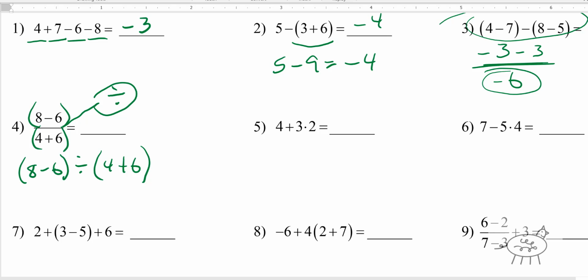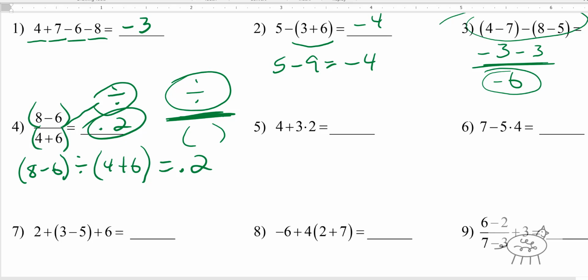Okay, and I got 0.2. That's the answer. So just make sure if it's a fraction, that's probably the only one that's really kind of complicated that doesn't show parentheses. But if it's a big fraction like this, make sure you use divided by and use parentheses for the top and the bottom. Really important.